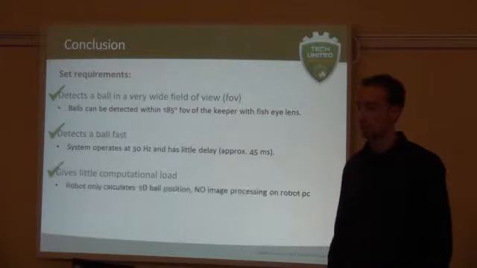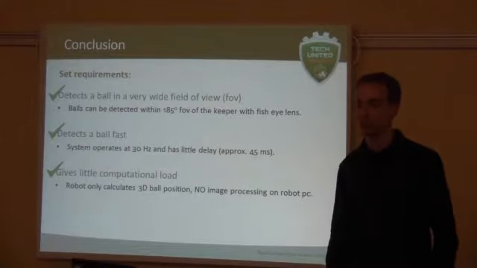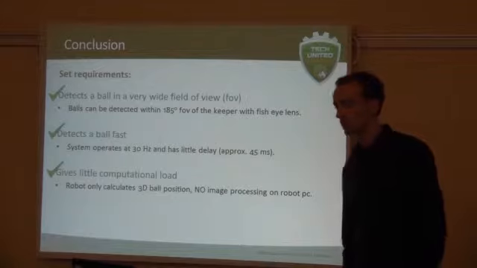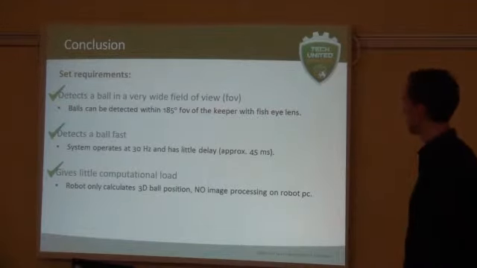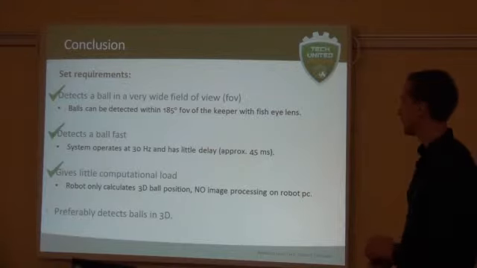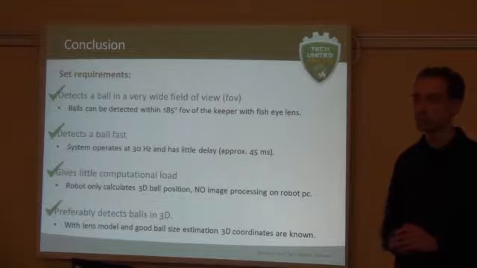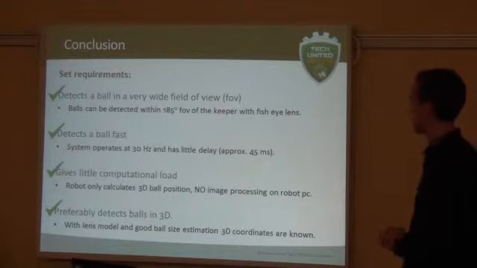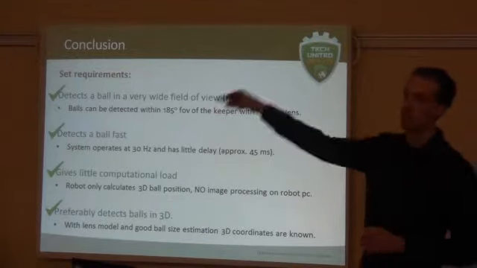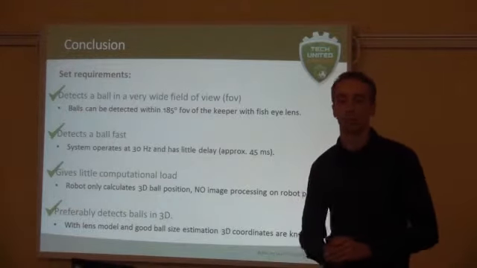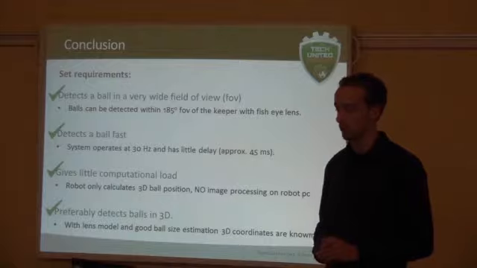It gives little computational load because the only thing the RoboCup has to do is translate coordinates from the image to 3D field coordinates. It does not have to do any image processing at all. And we wanted to be able to detect balls in 3D, and it's actually able to, as long as the estimation of the size of the ball is good, and we can do a pretty good 3D estimation. Of course, if the ball is very far away, we're not able to do it anymore. But then it's also not interesting because the ball is far away, so you have plenty of time to react.